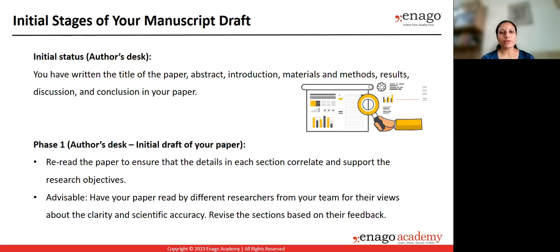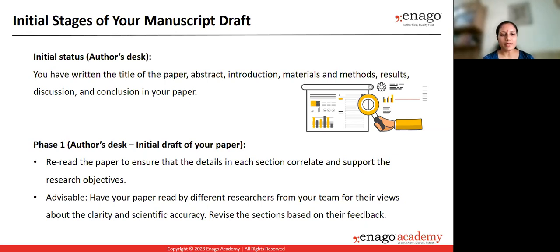We will take you through this journey of selecting the target journal through various phases. We start with phase 1, which is the initial draft of the paper. We request the authors to ensure, by rereading the entire content, that the details in each section mentioned above correlate with and support your research objectives.